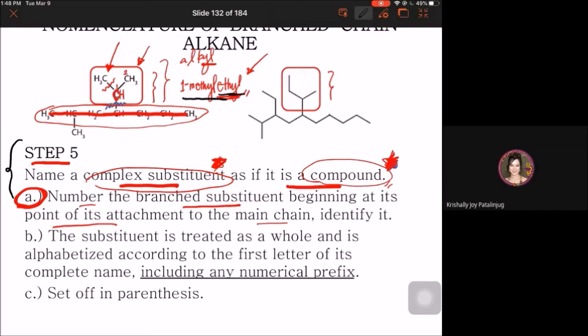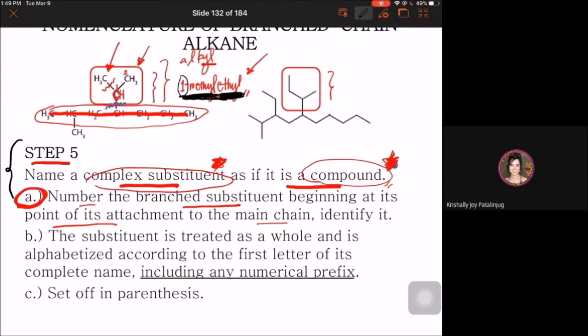That means the ethyl as the main substituent has a methyl sub-branch at its carbon 1.